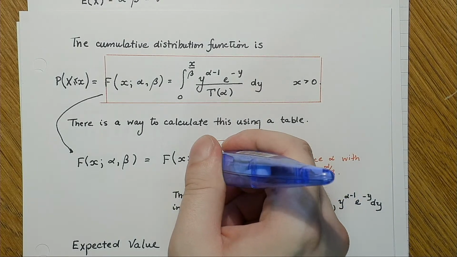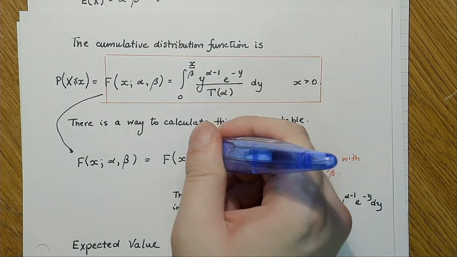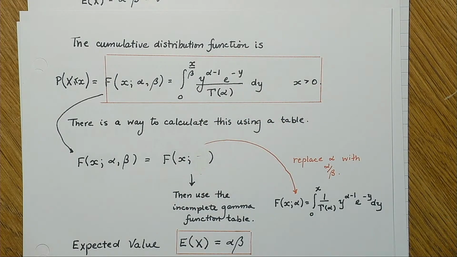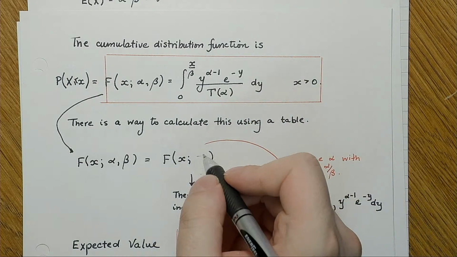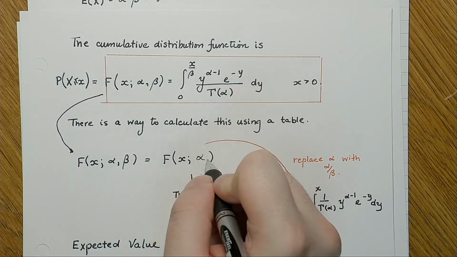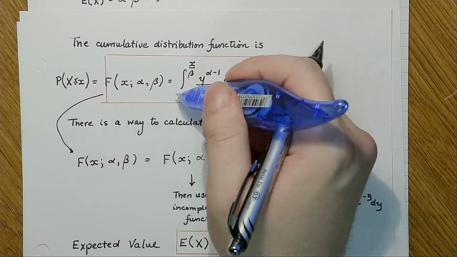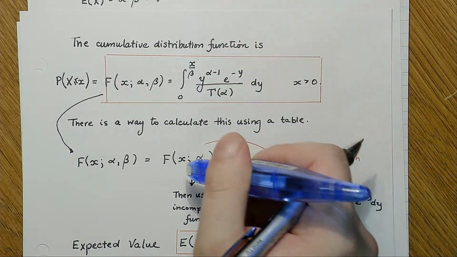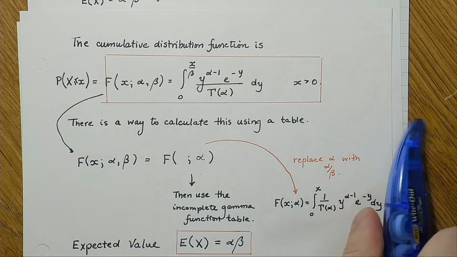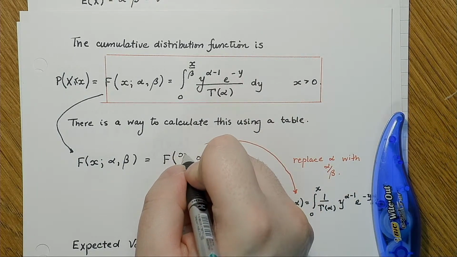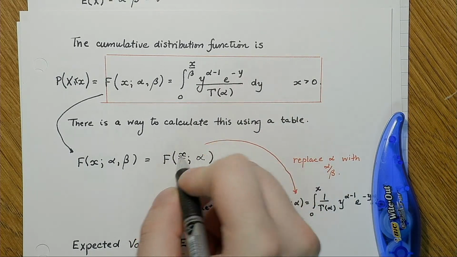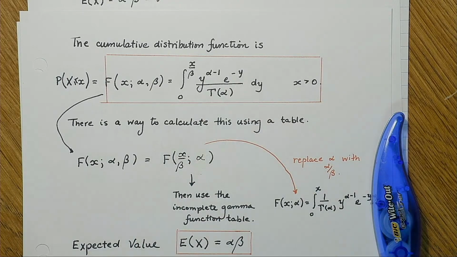So let's fix that. What it should say is alpha, and what I'm doing is I need to rescale it from x to x over beta. There we go.